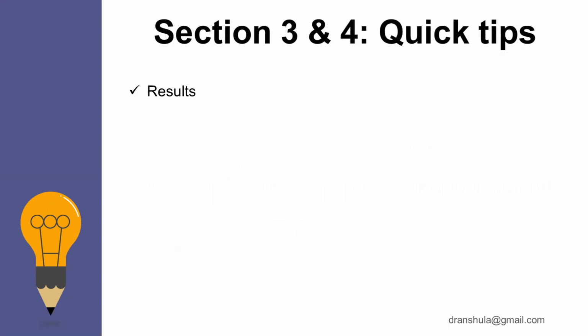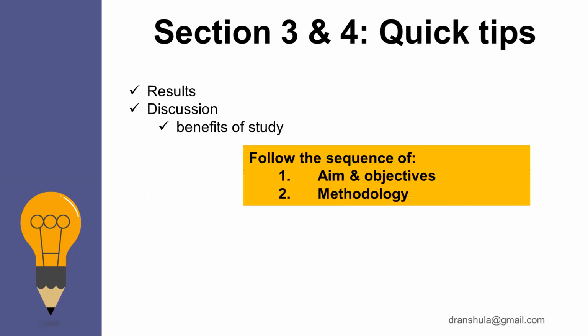Whereas for sections 3 and 4, the results and discussion. Now, the usual discussion is the benefits of the study. So follow the sequence of aim, objective and methodology in your discussion. In results, it is mostly what you have found. So the statistical output, your descriptive output, and your inferential output should be very well planned in the form of tables and graphs.